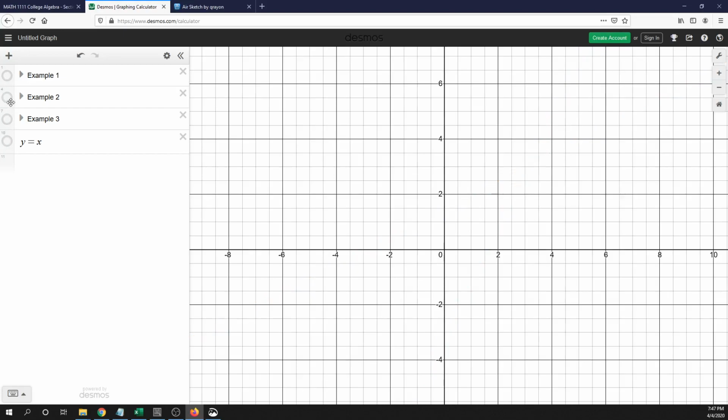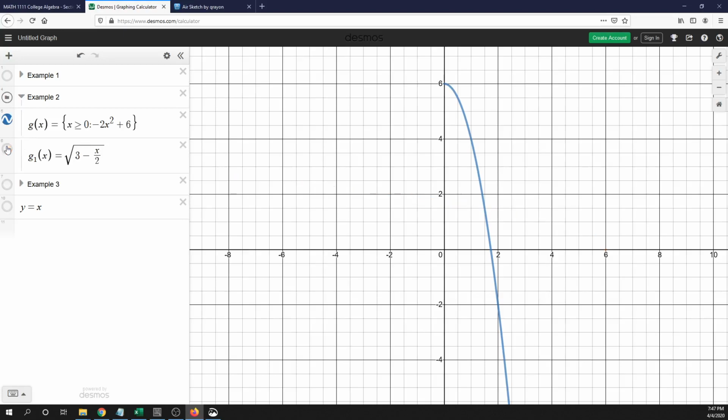Shut that off and take a look at example 2. Okay, so example 2, we have this function minus 2x squared plus 6, and so its graph kind of looks like this, and you might see this and go, hey, what is the deal with this thing right here?